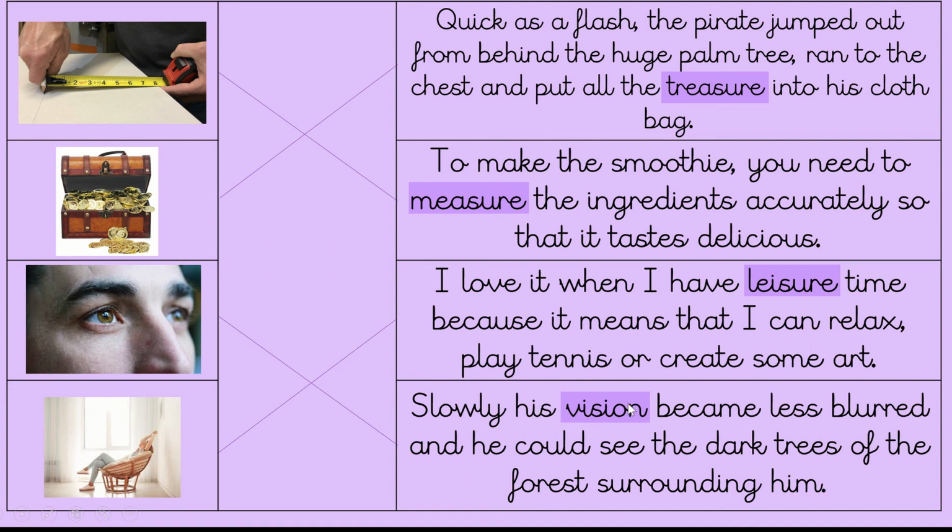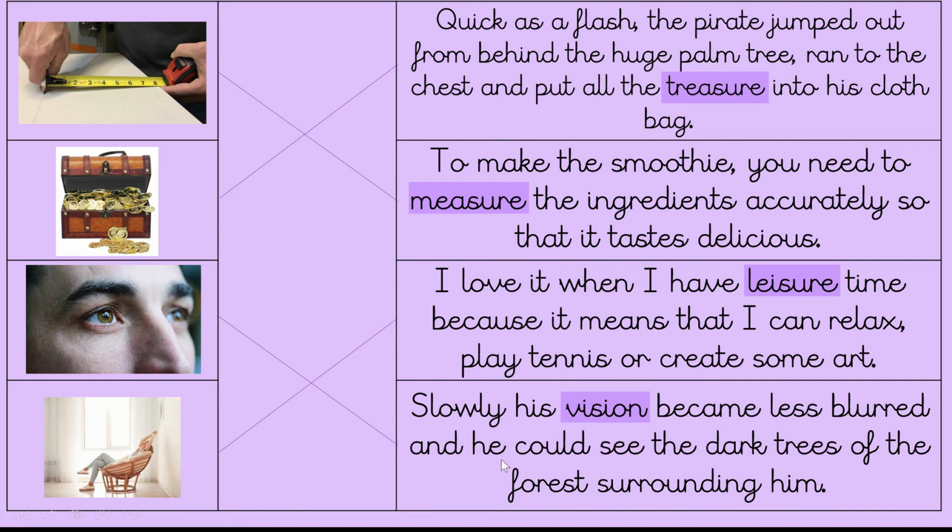It says, so slowly his vision became less blurred and he could see the dark trees of the forest surrounding him. Okay, so the way that he saw was becoming less blurred. Blurred is when you can't see things very clearly and they haven't got their definite lines and they're a bit fuzzy.